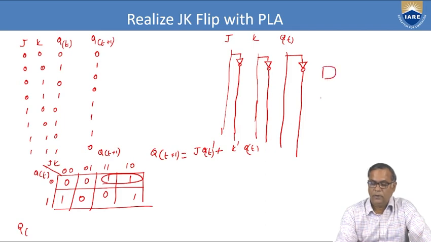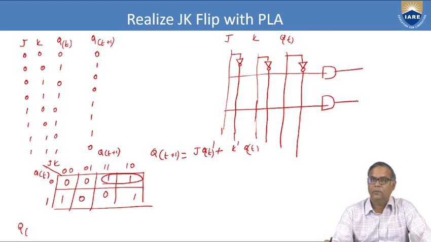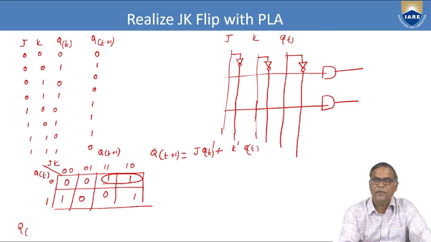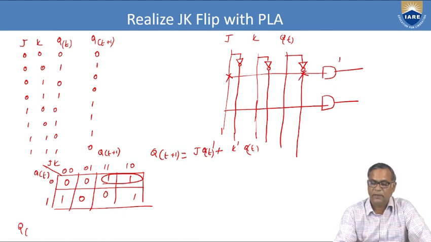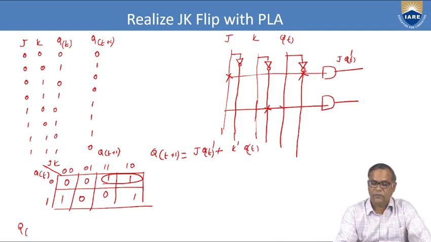You have programmable AND gates. So first is J QT bar, so I'll put one cross here. And this is K bar and QT, so I'll put one more cross here. So here I get K bar QT.